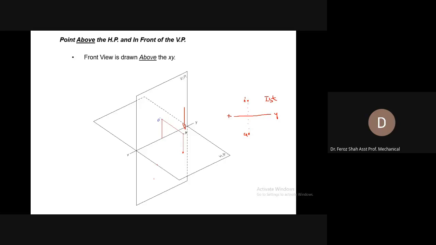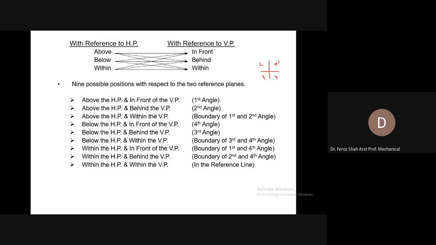You can see that the front view can be recognized with its prime on it. So we have drawn two views of the point A, that is the front view, which is coming above the XY reference line, and its top view, which is coming below the XY reference line. So this method of projection would be called first angle projection.